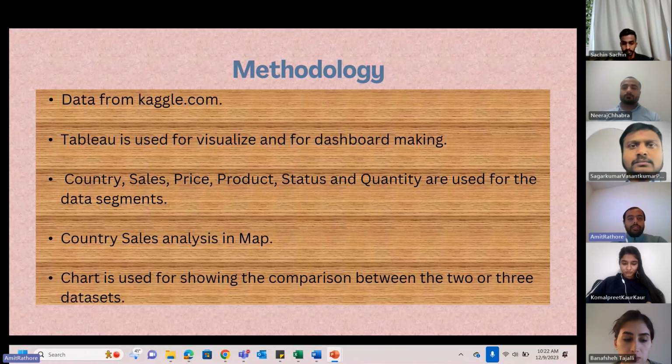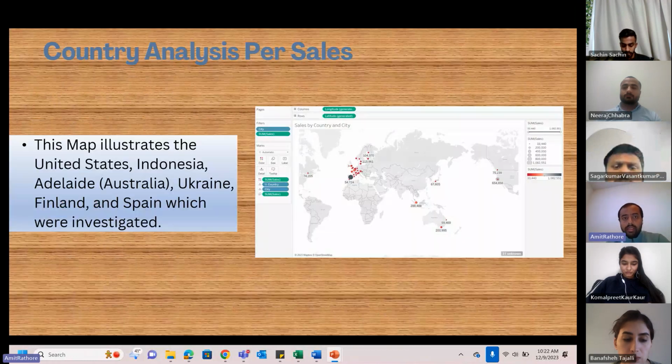And next we are analyzing through Tableau the country analysis. At the top we can see that the most sales are in the United States, followed by Indonesia, Adelaide, Ukraine, Finland, and Spain. Thank you.